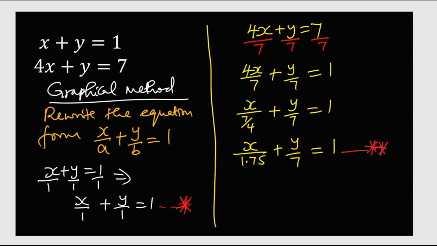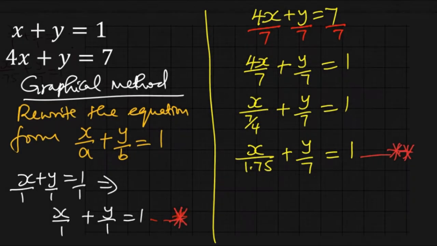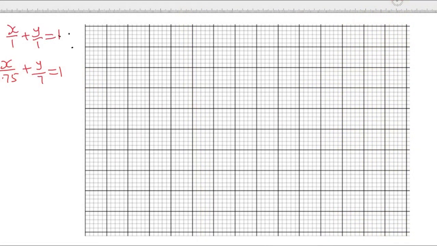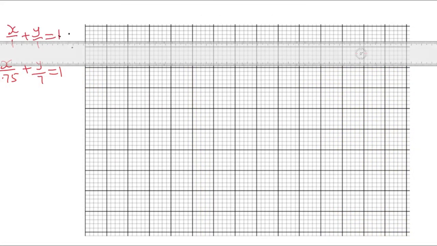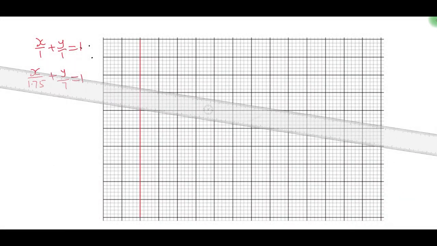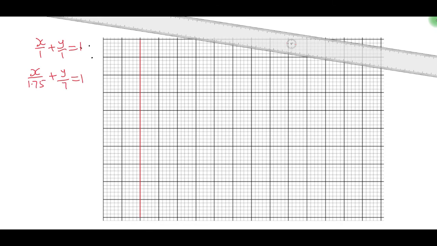We now need to plot them in the Cartesian plane. We can draw it on this particular graph. Let us draw the y-axis, and then also I'm going to draw the x-axis.